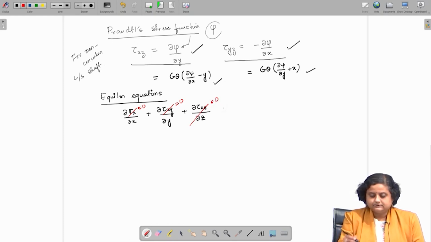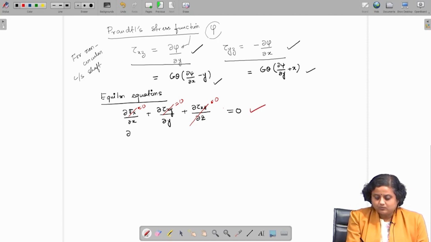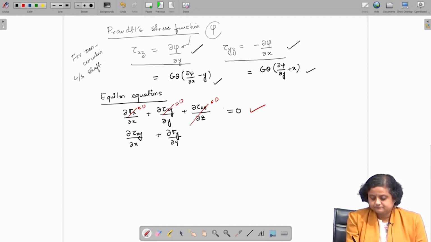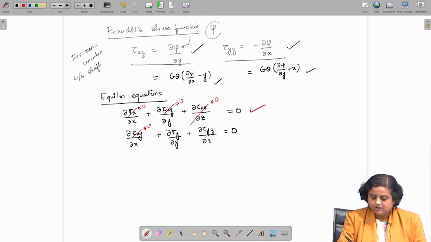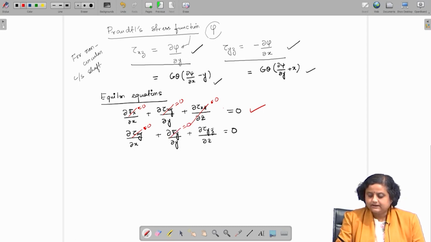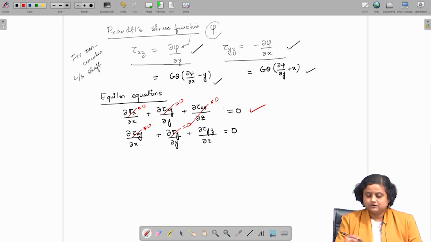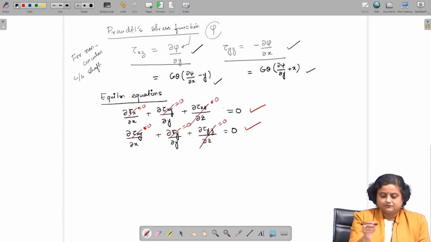Therefore, this is satisfied. Now, let us move to the second one. Here also we know that tau xy is 0, sigma y is 0, and tau yz is not a function of z, so this derivative goes to 0. So, this equation is satisfied.